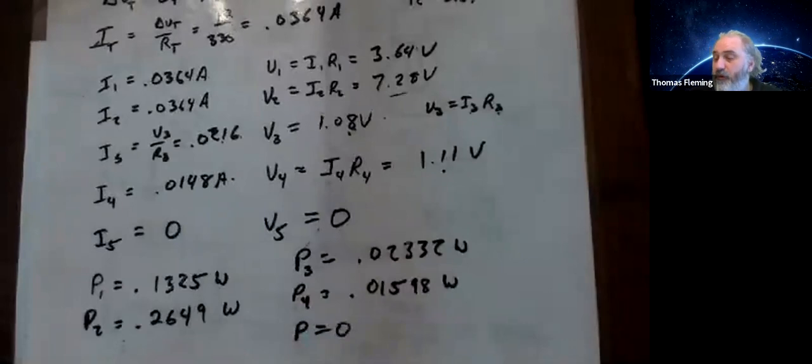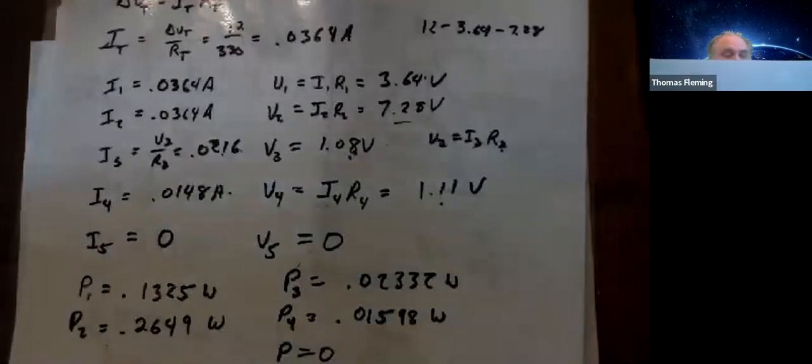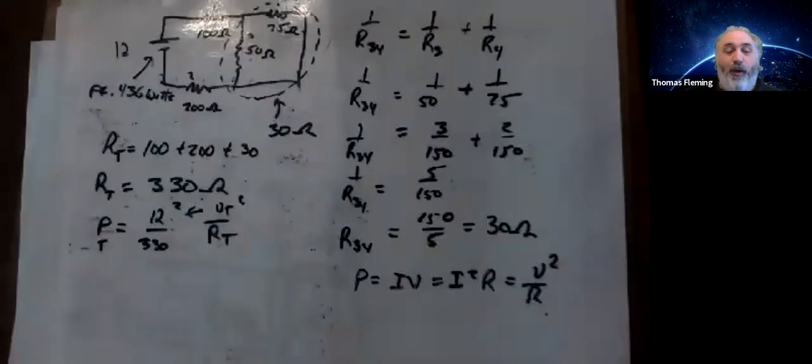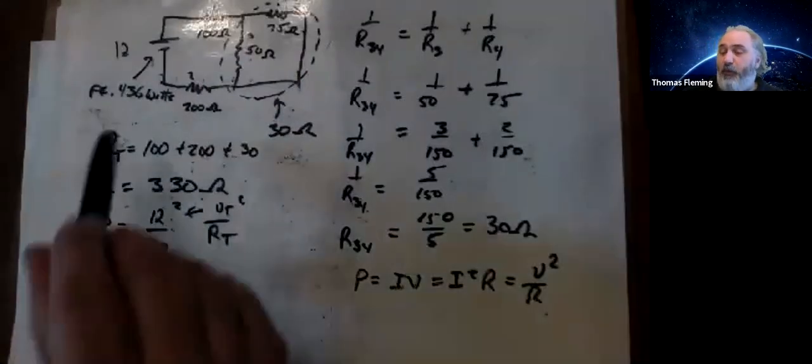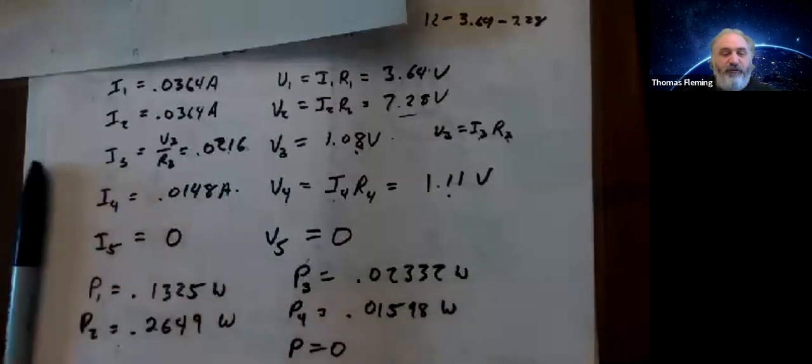And notice what we had said earlier was that the total power for everything ended up being 0.436 watts. Well, these are the powers for each of the individual resistors.